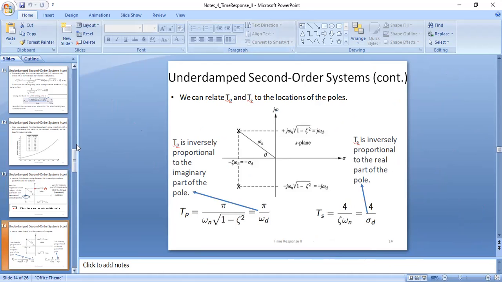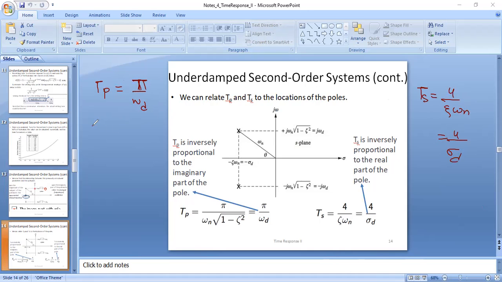These formulas we have already discussed. Here you can see TP. What is the value of TP? TP is nothing but pi by omega d. And TS is 4 by zeta omega n, and zeta omega n is sigma d, so TS is 4 by sigma d.